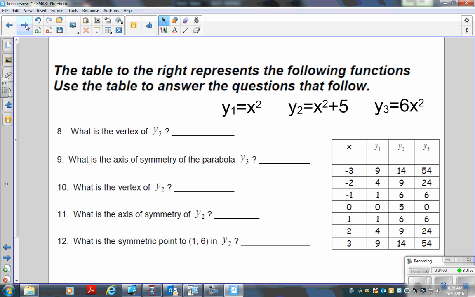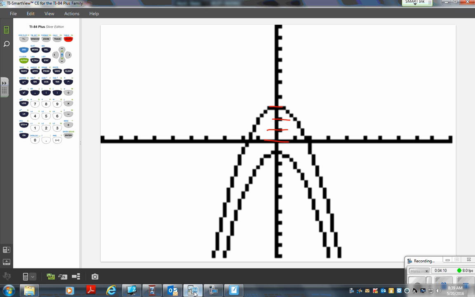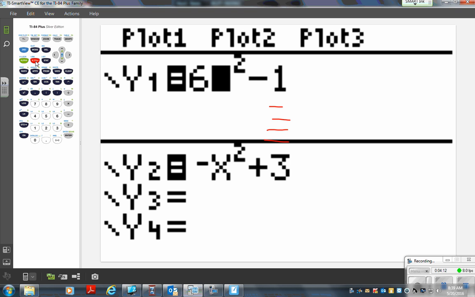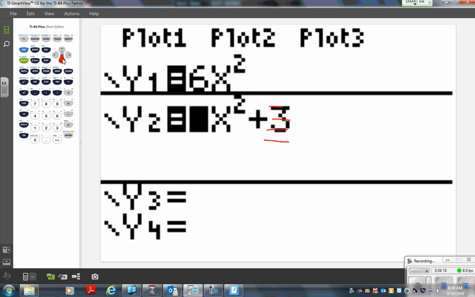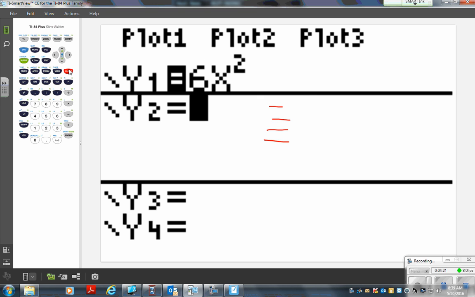The table corresponds to the following equations. Now it says, what is the vertex of y3? So what we're going to do is we're going to take y3 and graph it. All right, once we graph it, go ahead and take a look at the picture, or we can go ahead and take a look at the table.